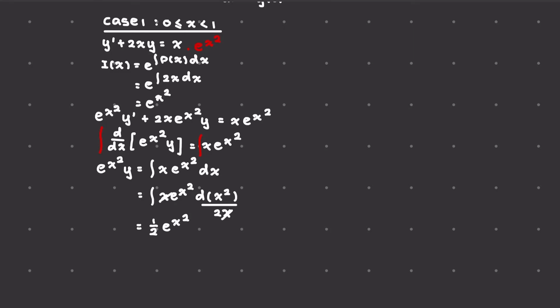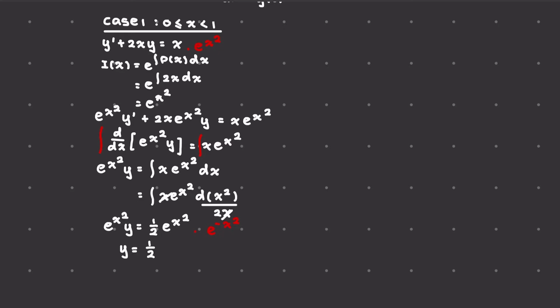And so this equals e to the x squared times y. To get rid of the e to the x squared on the left hand side, let's multiply both sides by e to the negative x squared. By doing it, we will get y equals 1 over 2.